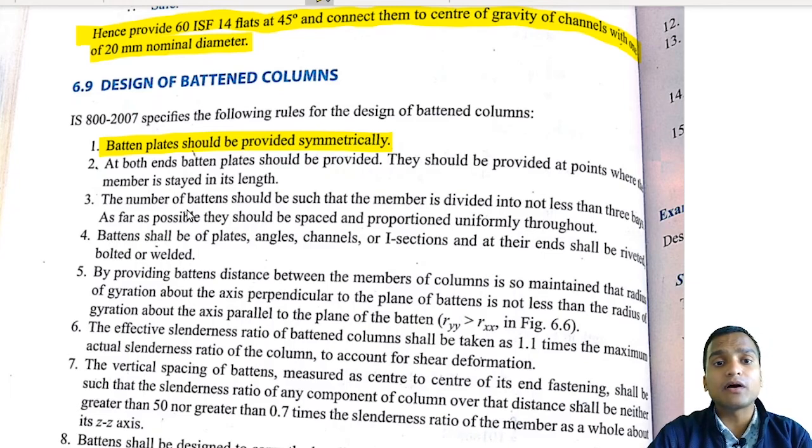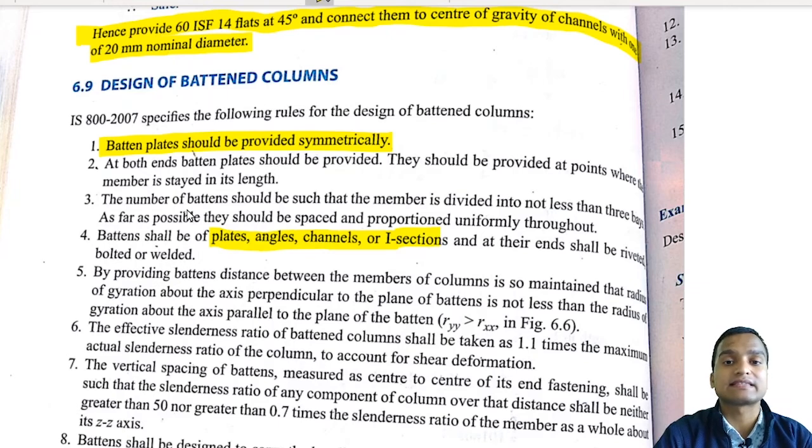The number of battens shall be such that member is divided into not less than 3 ways, means at least we should use 4 batten plates, okay, and this should be spaced and proportioned uniformly throughout. And battens can be plates, angles, channels or I sections, and at their ends shall be riveted, bolted or welded.